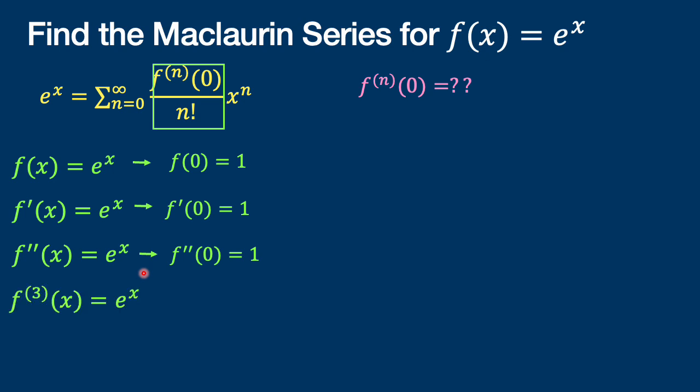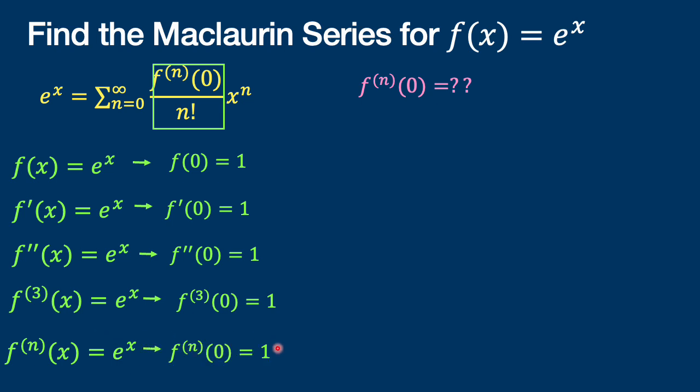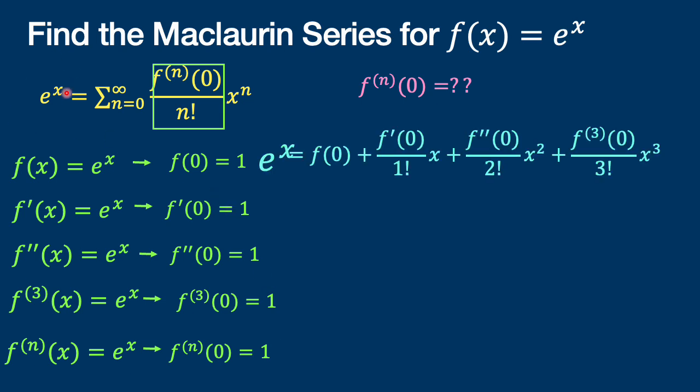So the Maclaurin series for e^x is f(0) plus f prime of 0 over 1 factorial times x, plus the second derivative at 0 over 2 factorial, and so on.